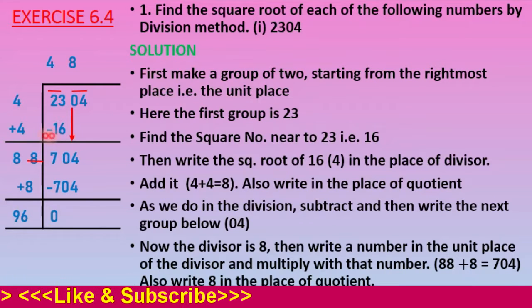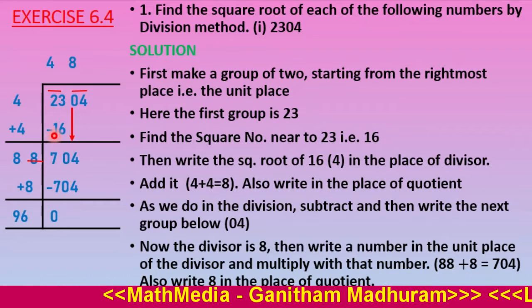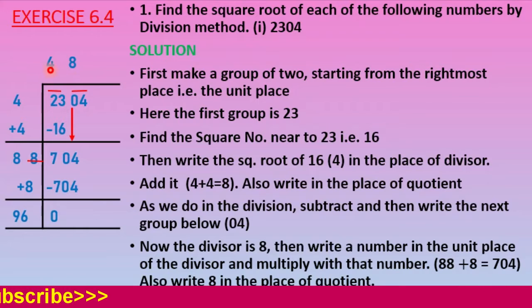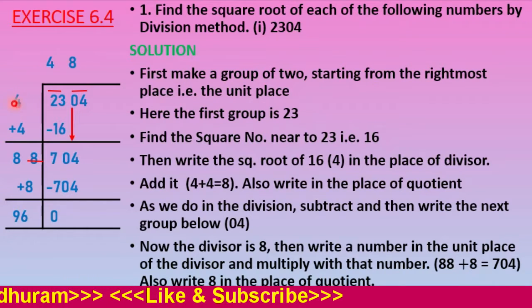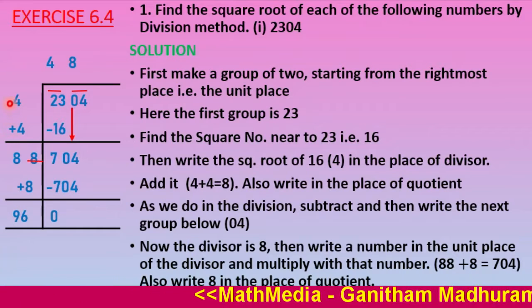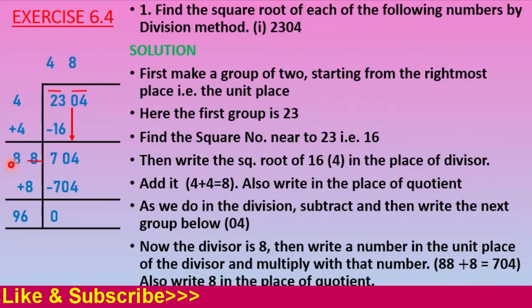And the square root of 16 we will write 3 times. How many times do we have to write? 3 times. One in the quotient, just above this group, and in the divisor and just below the divisor. And children, this 4 plus 4 in the divisor, you have to add it and write it here.